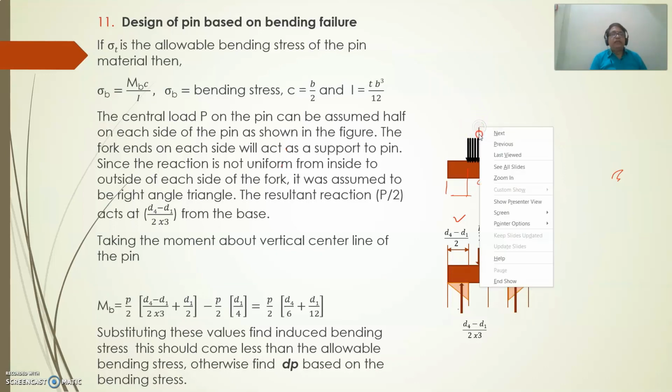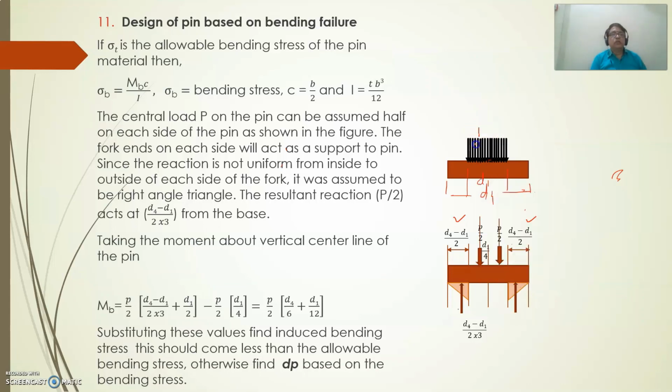I will take half of the force, that is P by 2, acting at d1 upon 4. I will divide d1 into 4 equal parts. So this distance is d1 upon 4, and this distance is d4 minus d1 upon 2, and this is the base.